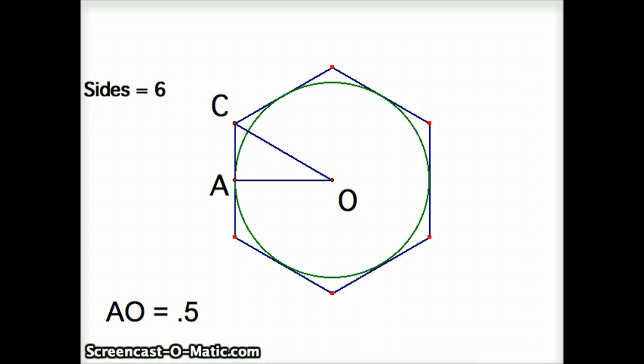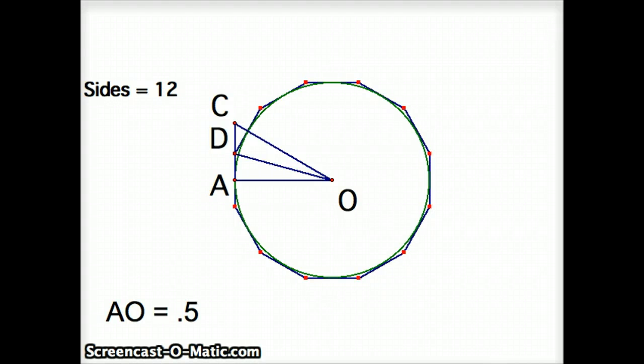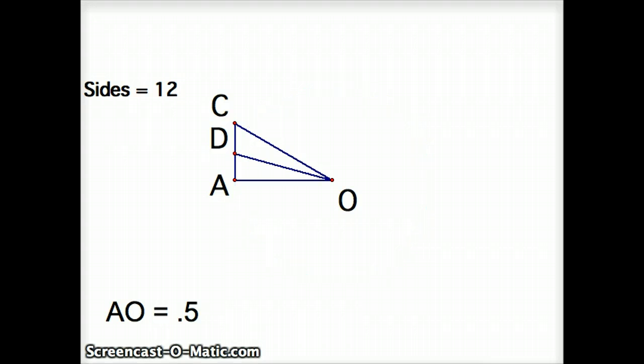If we bisect the angle AOC, that point D will give us AD, which is, if you take a look, when I go to the 12-gon, it is half the size of the side of the 12-gon. So we're going to get an opportunity to use the angle bisector on this picture.